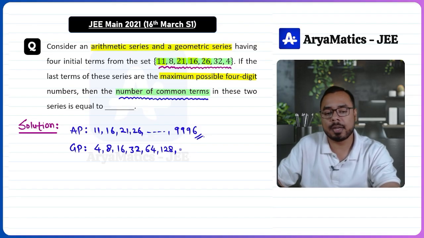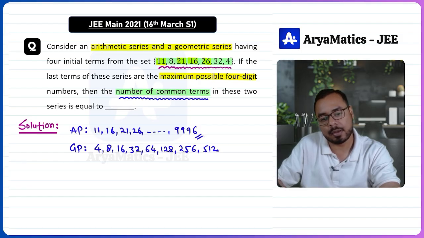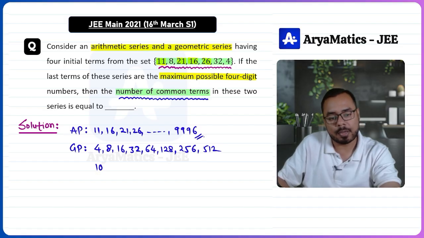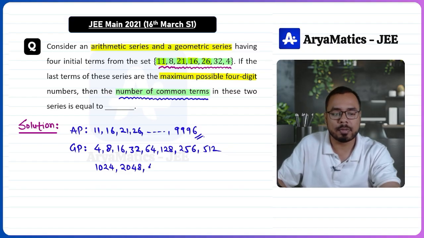So after 128, the next number will be 256, twice of 256 is 512, twice of 512 will be 1024. Then the next number will be 2048, twice of this one is 4096, and then 8192.